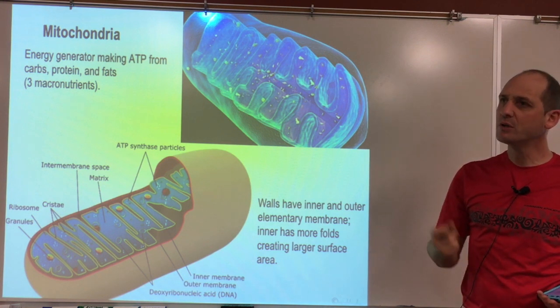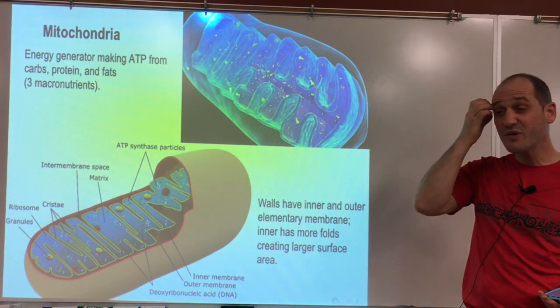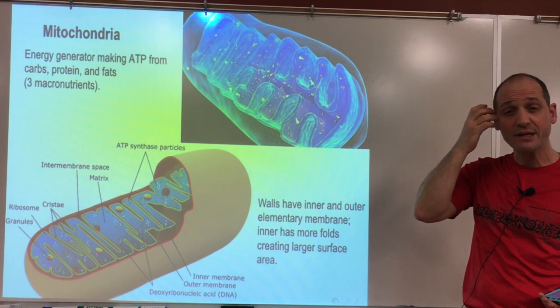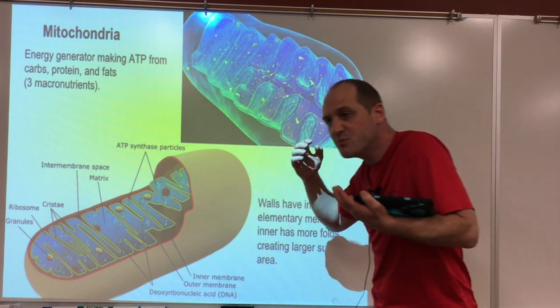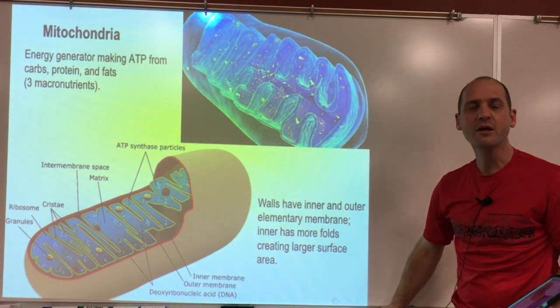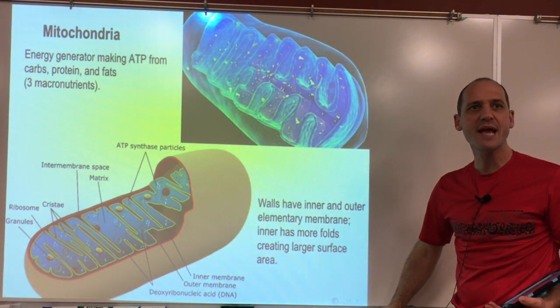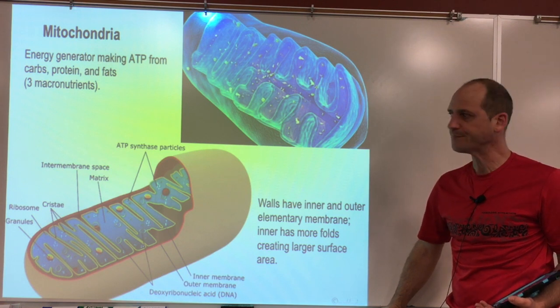You think of Niagara Falls or a hydro dam making energy. It's that force of these molecules rushing through that can attach the phosphate onto the ADP and make ATP out of it.